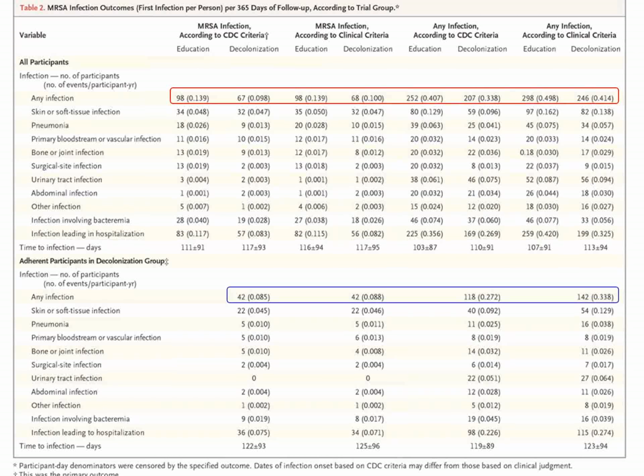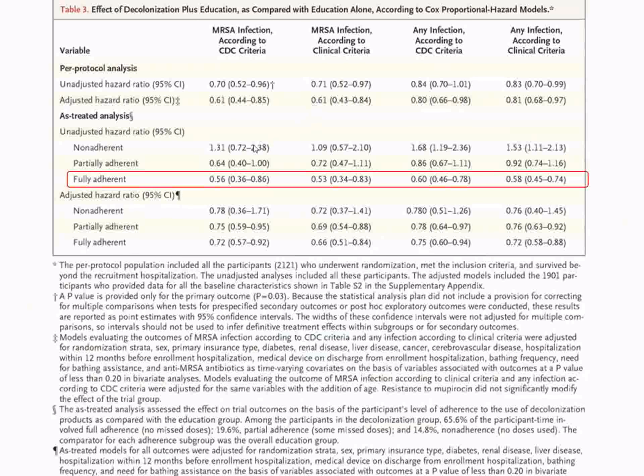And I think to give the authors a break, we should look at the comparisons between the education group and the patients that actually underwent the intervention. So if we look at the patients that actually underwent the intervention, it looks a little better than the intention to treat analysis, and we'll give the authors a break here.